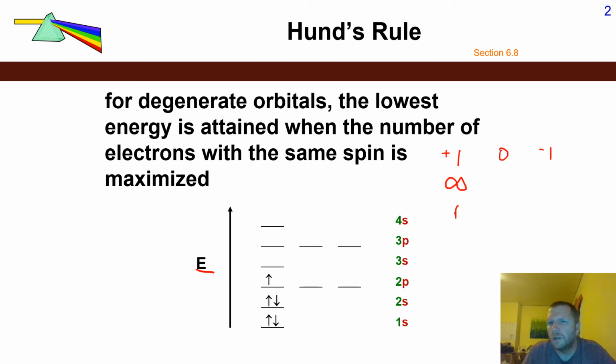So you could look at this as the p sub x, p sub y, and p sub z. One of these is positioned about the x axis, one of them is about the y, and then one of them is about the z. Each one of these can hold two electrons.